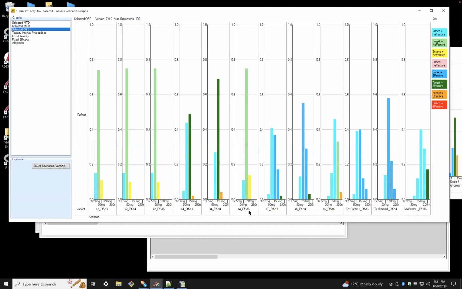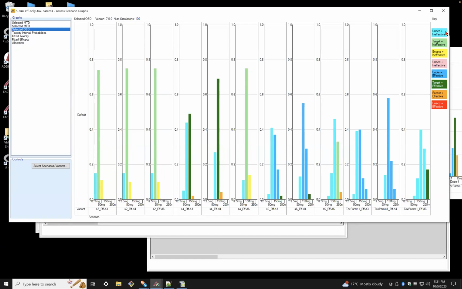In the next 3 scenarios, you can see that the prefix is S4, the MTD is at dose 4, and we get peaks with this dark green, which is at the target and effective. So we're actually at the MED and effective, or we've got these lighter blue ones where we're actually under and ineffective.